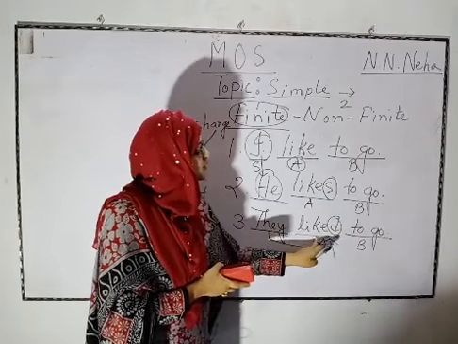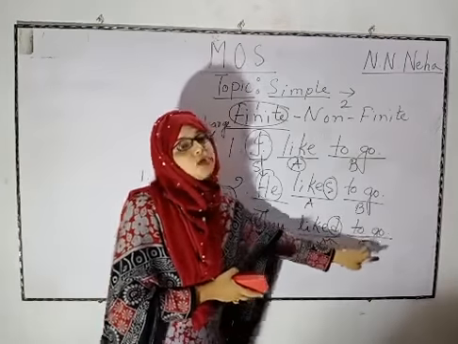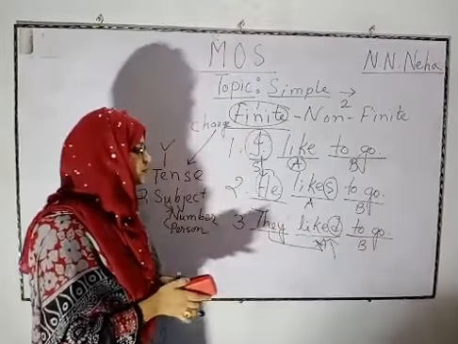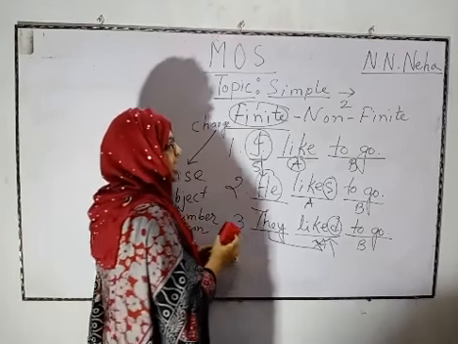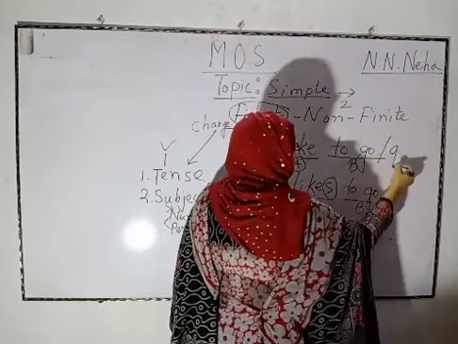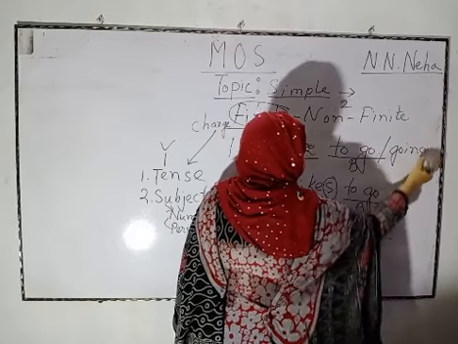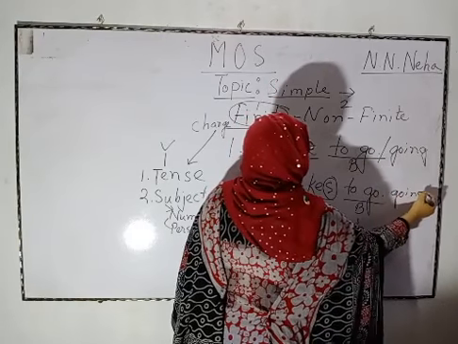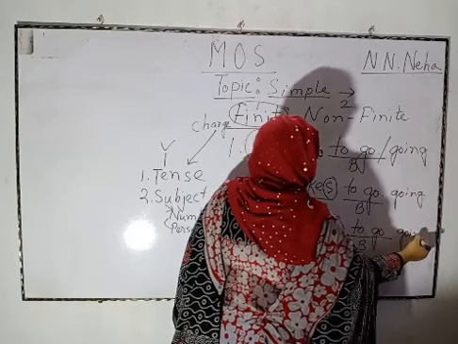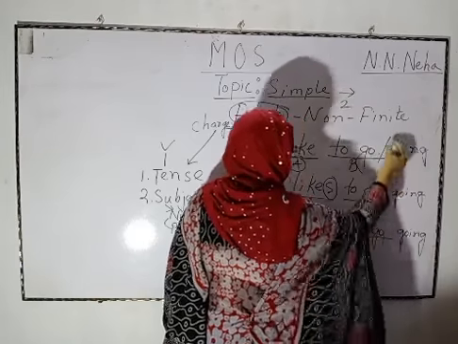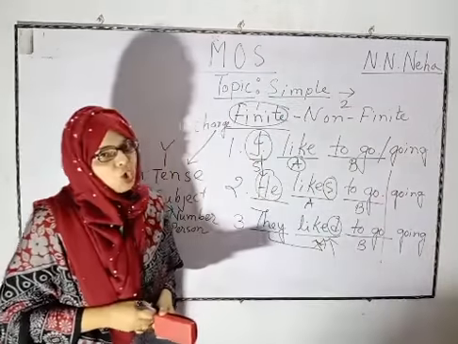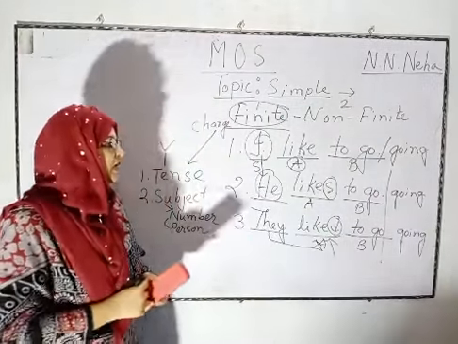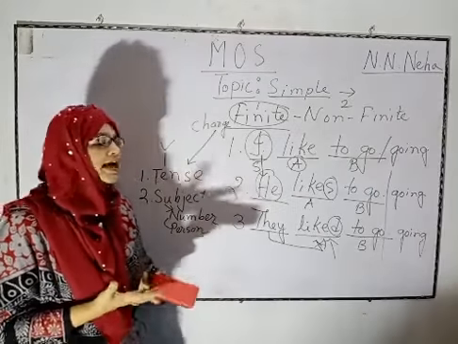When the tense is changed, again to go is not changing. So if I write these verbs in another way, it can be like this: he likes to go or he likes going. They like to go or they liked going.